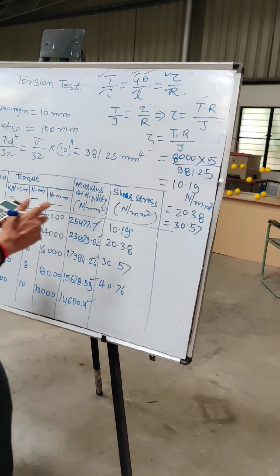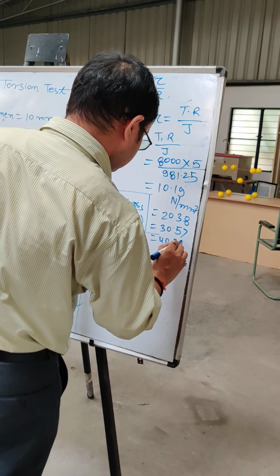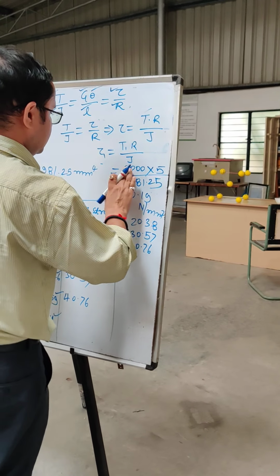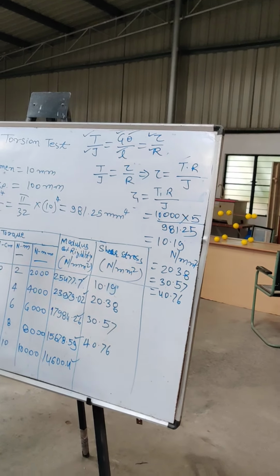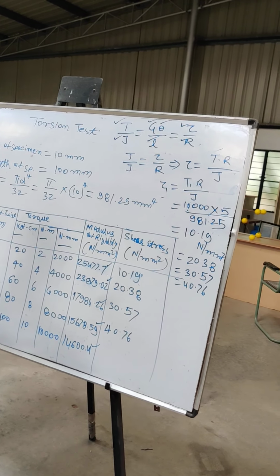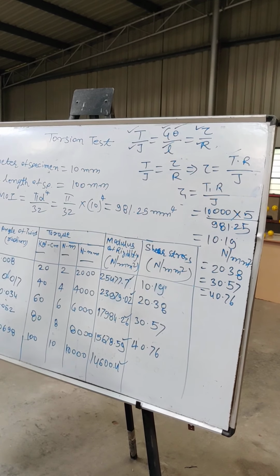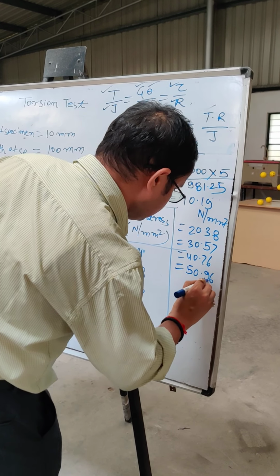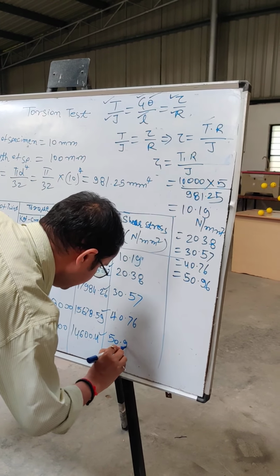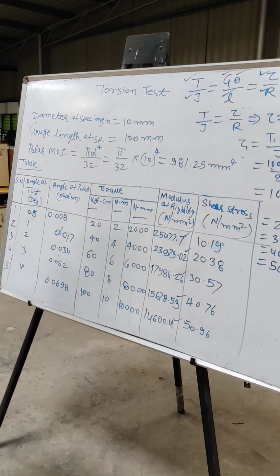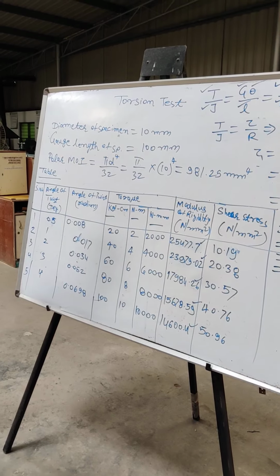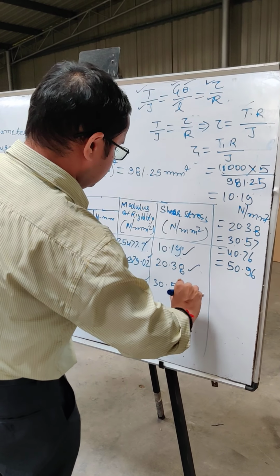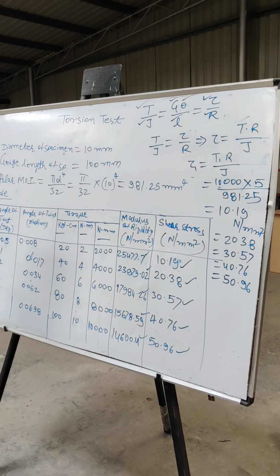Next we change to 10,000, and it is 50.95 or 50.96. So you can see here, if torque increases, then shear stress also increases. Every shear stress increases with the torque.